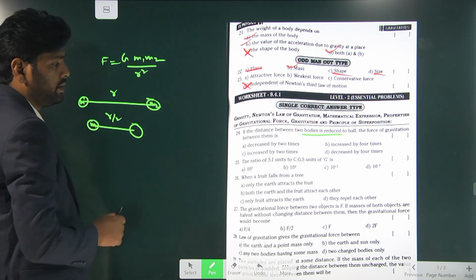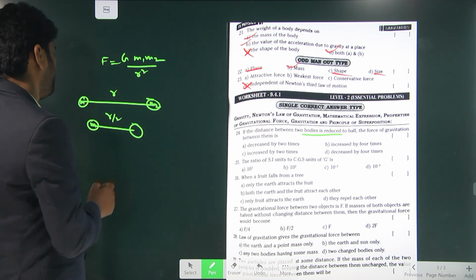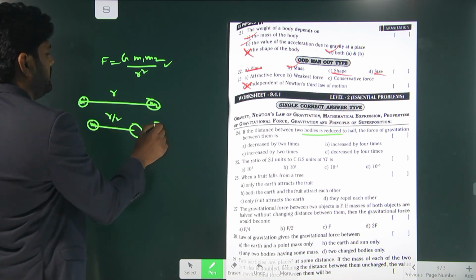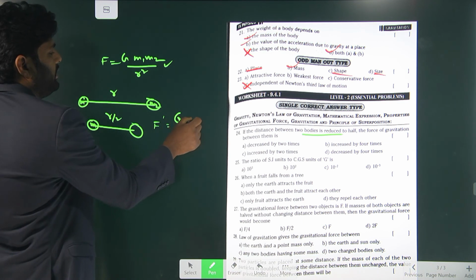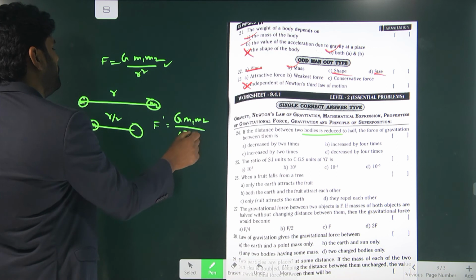The distance between them now becomes r by 2. Initial value is F. After decreasing the distance, you can take F dash. F dash is equal to G m1 m2 by (r by 2) whole square.